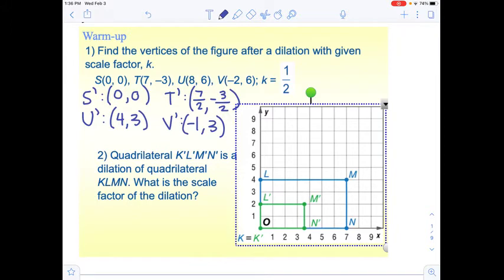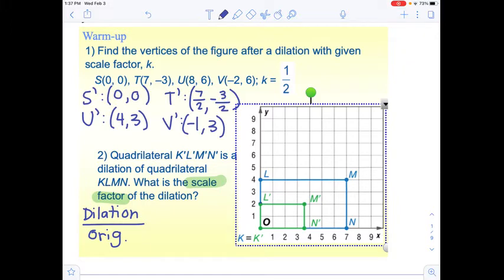Number 2, it says quadrilateral KLMN prime is the dilation of quadrilateral KLMN. What is the scale factor of the dilation? So we're finding the scale factor here, remembering that scale factor is dilation over original. I can pick any of these points on my dilation, and I know the dilation is the green one because it has those prime marks with it, which tells me that's the image.